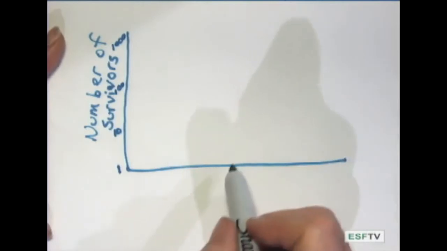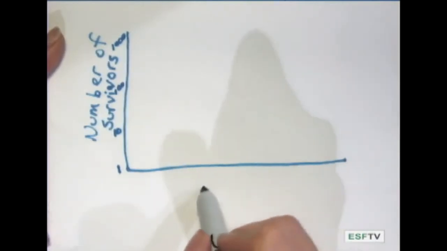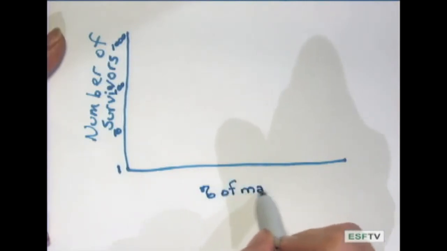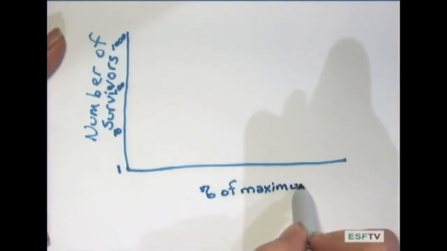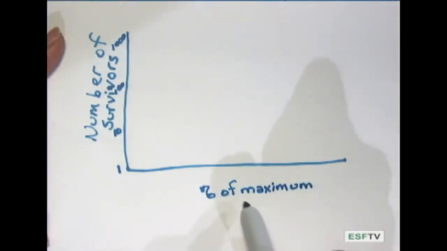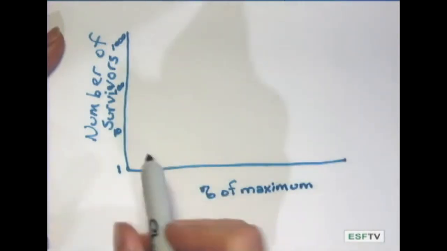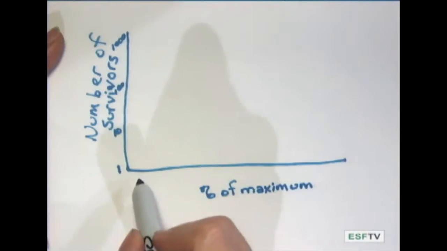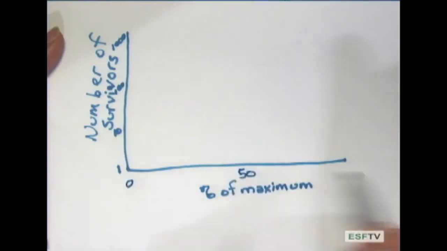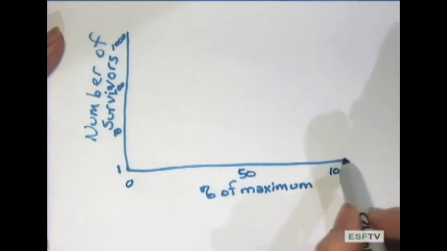And then along the x-axis you have the percentage of maximum lifespan. Again, this can be 80 years, it can be 1 year, or it can be 1 month. So this is just representing the percentage of the maximum lifespan. So let's put 0, 50%, and then 100%.